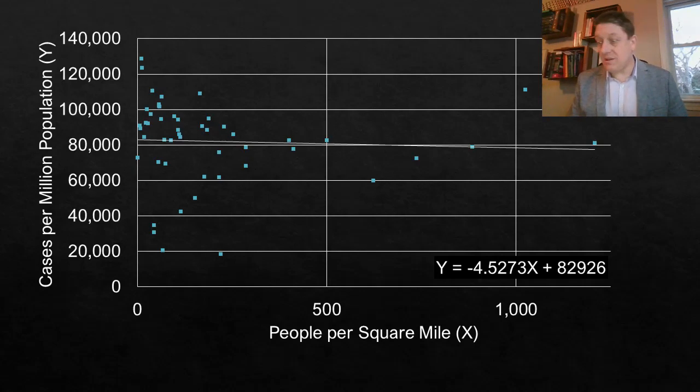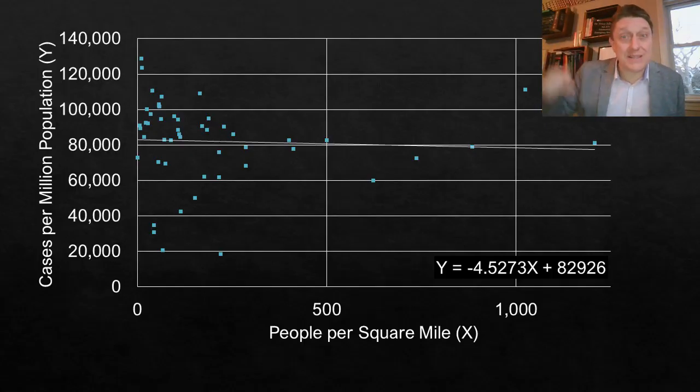When my computer calculated the best fit line that comes closest to touching all those dots, the first thing you'll notice is that there are a lot of dots that are very far away, especially on the left-hand side of the graph. And the line is actually showing a negative slope. Now, a positive slope would indicate that as the number of people per square mile increases, the number of cases per million population would increase.